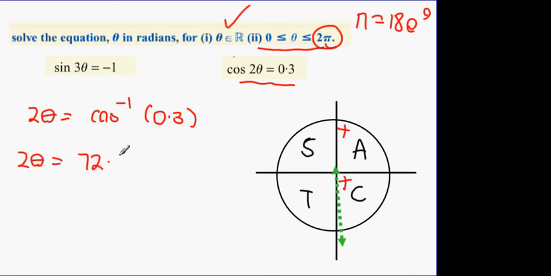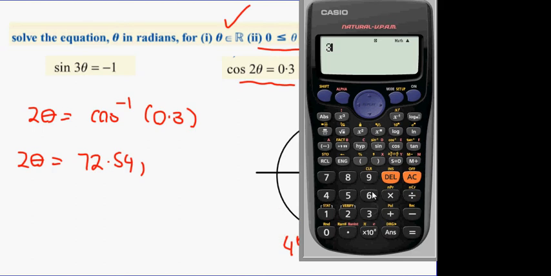The 72.54 accounts for which quadrant? First quadrant. What's the rule for the fourth quadrant? 360 minus reference angle. So just 360 minus your answer. 287.46.